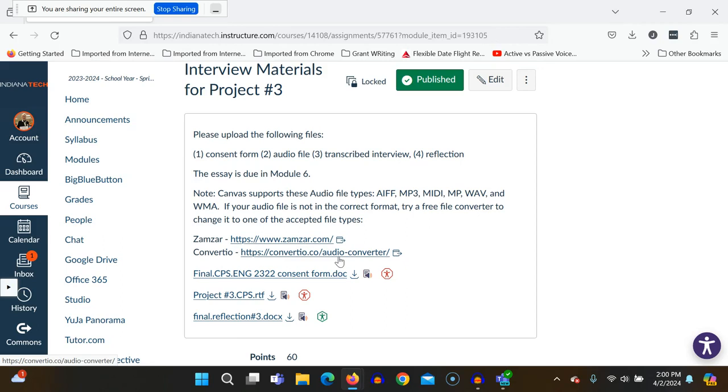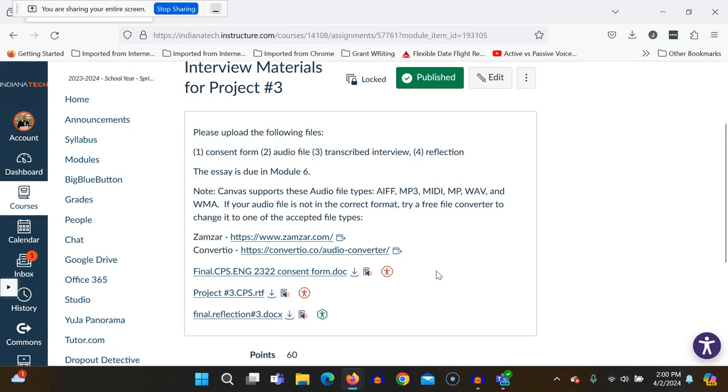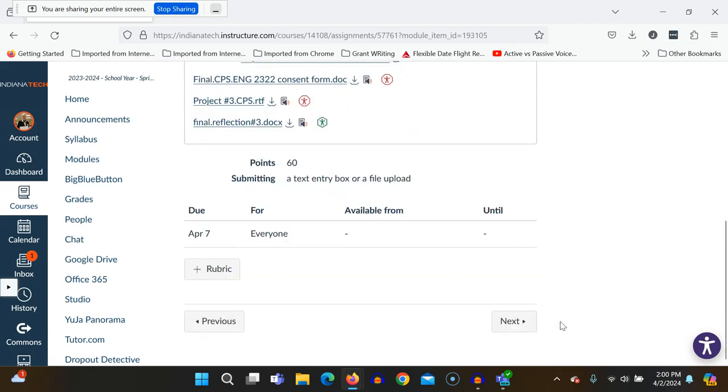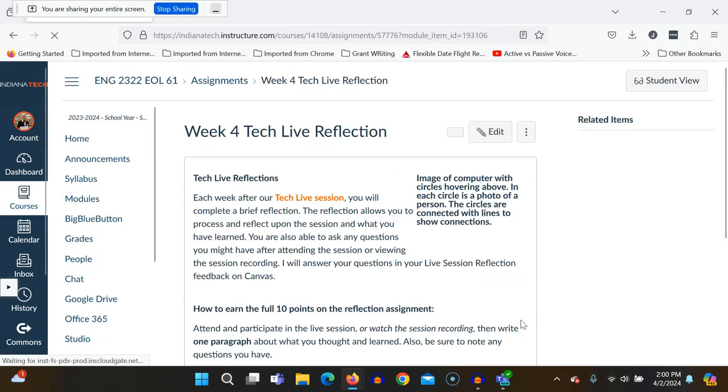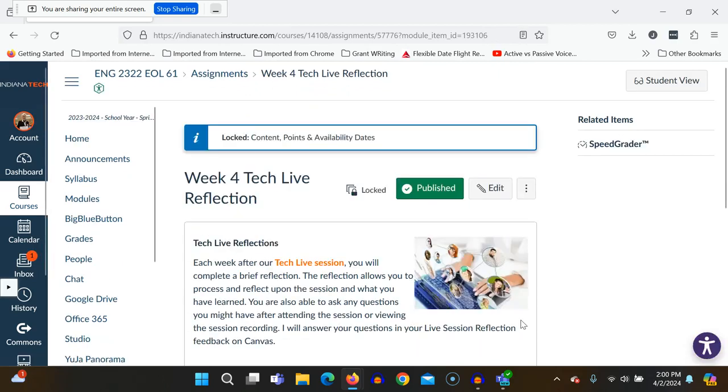In the description, it's going to tell you the kind of audio file it produces. So just make sure that you are getting one of those, right? Otherwise, you won't be able to upload it and you'll lose some points. So that will not make you happy, right? Okay, so be prepared for that small little piece.